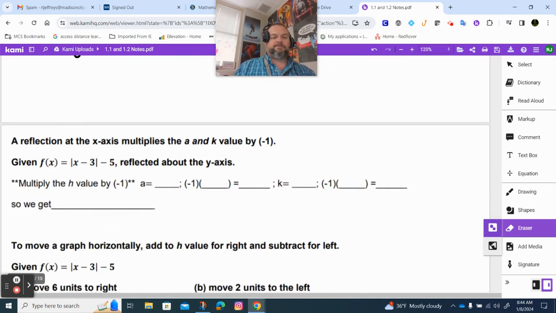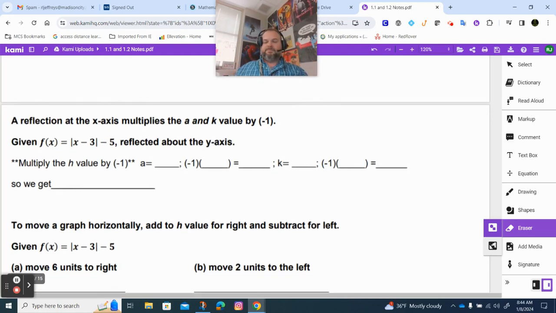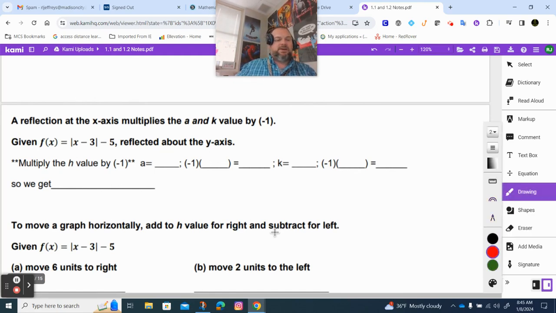A reflection at the x-axis multiplies the h and k by -1. All right, awesome. So what is our a and k, I said the wrong letter. What is our a value right here? 1. So what's -1 times 1? -1, yeah.